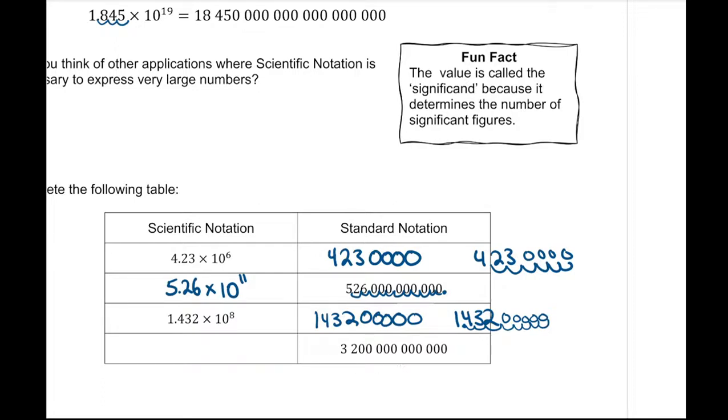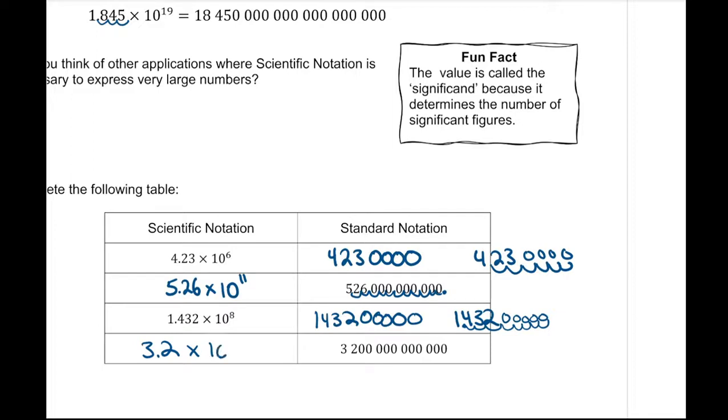And then our last example. We know it has to be a decimal, so it's going to be 3.2 times, and then we could count: there's 3, 6, 9, 10, 11, 12 spots, or 12 positions or placeholders before the 3.